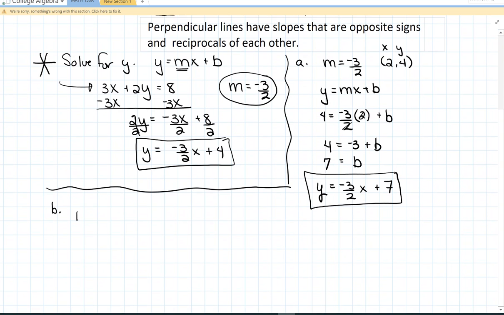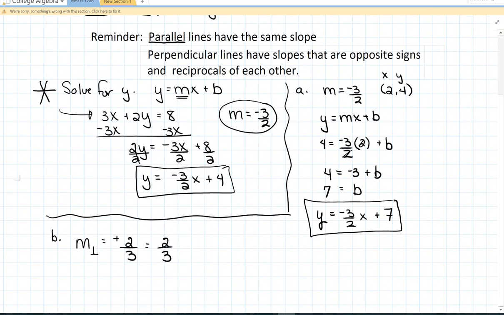The slope of a line perpendicular to that, I'm going to make the upside down t there to represent perpendicular, is going to be a positive, and then the flip, 2/3. I don't really need to write the plus sign in there, just 2/3 is good enough.